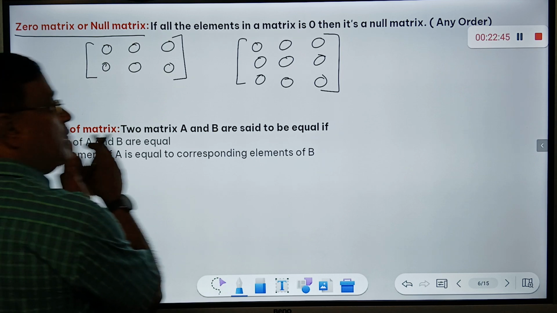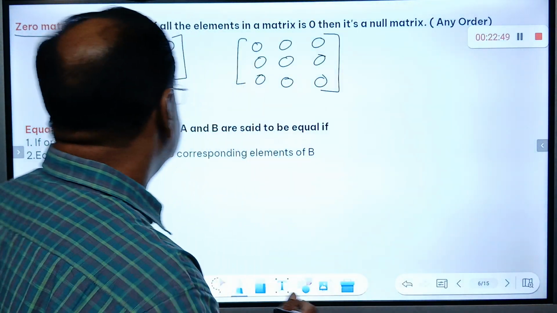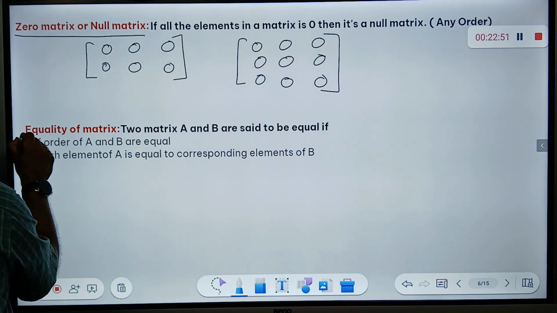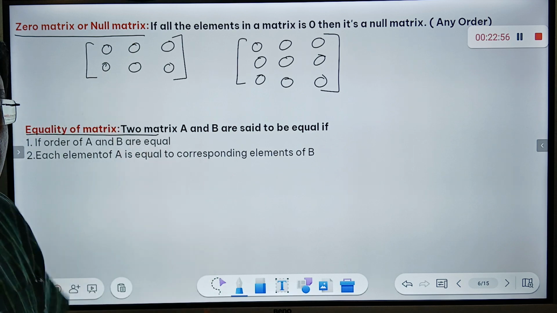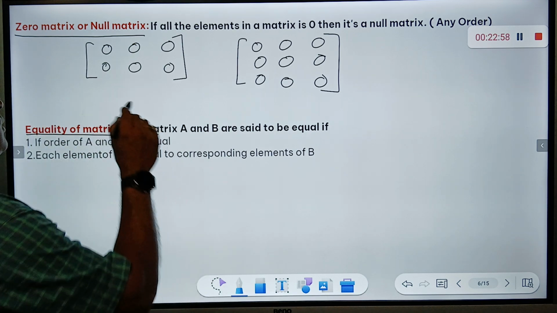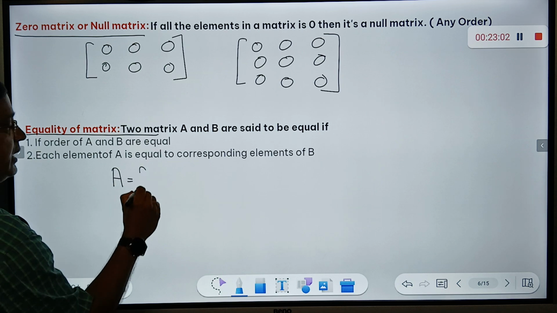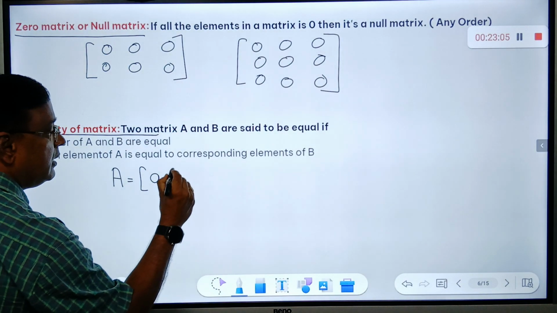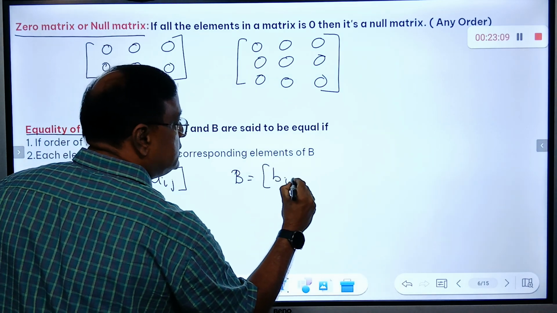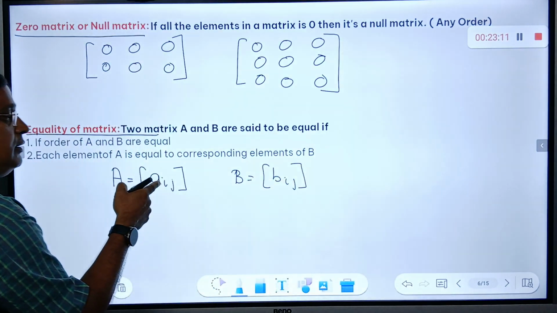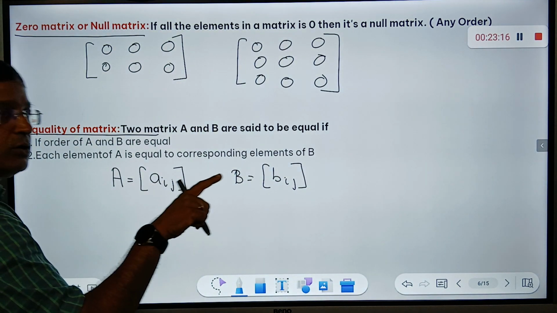Now, equality. One of the biggest applications of matrices is solving systems of equations. You can solve systems of linear equations, or systems of any equation, using matrices. If I have two matrices, A as Aij and B as Bij, I want to make it clear that here my suffix i stands for row and my suffix j stands for column.